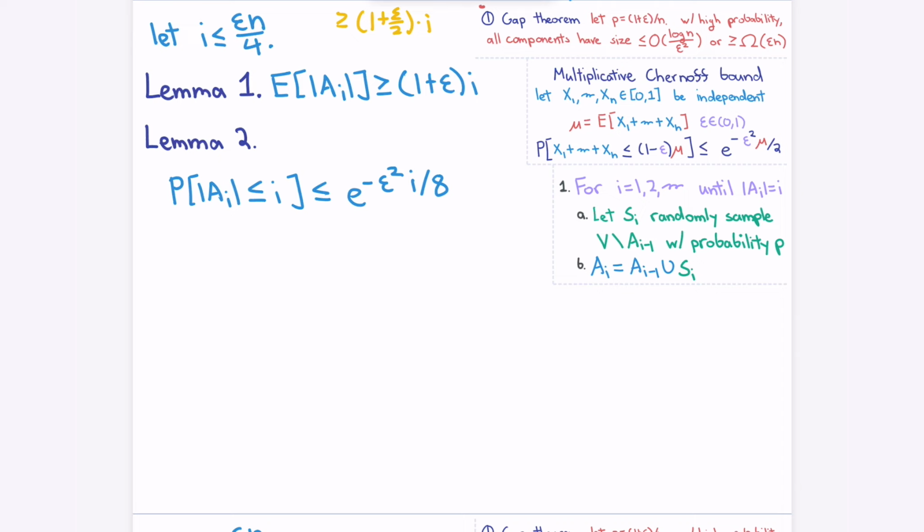What I'm worried about is when the search ends, because I'm hoping to get to certain size components. So search ends when the size of AI is equal to I. So what are the odds that the size of AI is less than or equal to I? Our claim is that it's basically exponentially small in I. But the question is why?